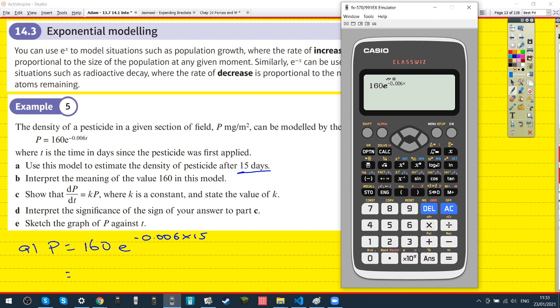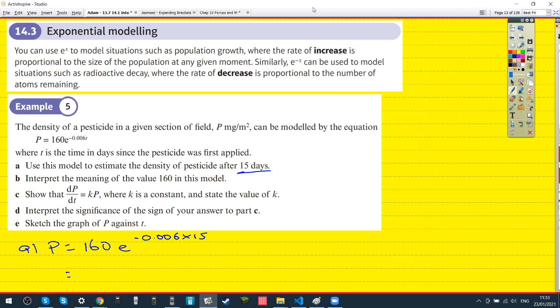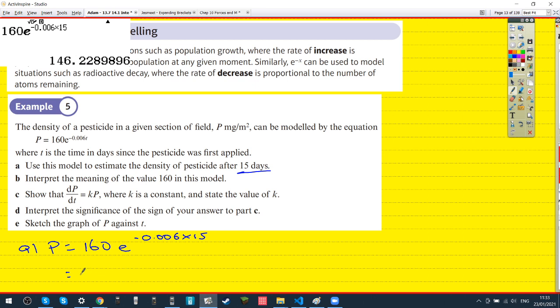I got 146.8228. Yep. And so that's roughly 146 milligrams per meter squared to 3 sig fig. So there's 146 milligrams of this pesticide for every square meter after 15 days.